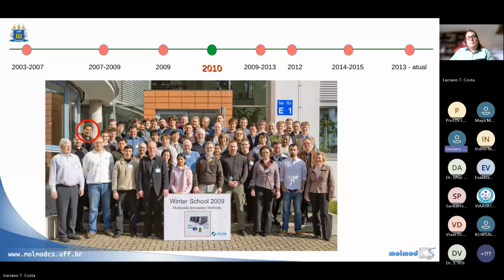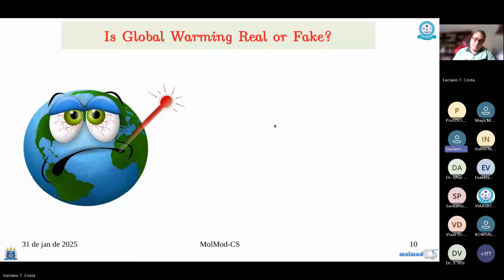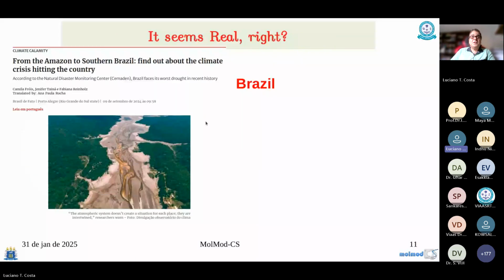But today I'd like to talk about our applications about global warming, if this is real or fake. And I believe, especially here in this room, everyone knows that this is real, okay? And then I just share here with you some news.